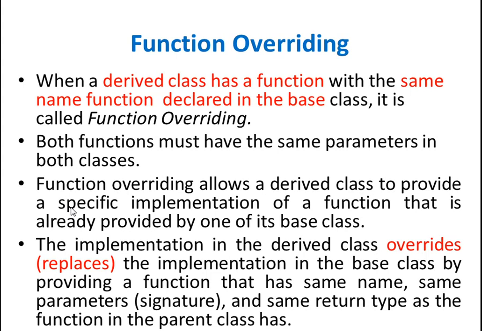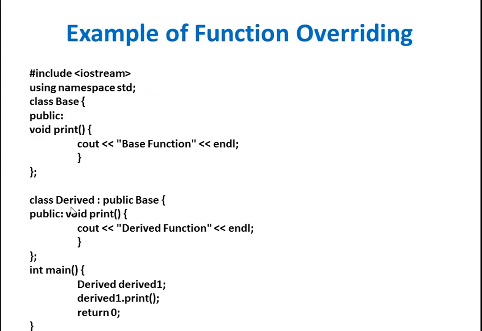What exactly is function overriding? To understand it, we go through an example. If you see this example, we have taken one class, Base. In this we have written one function, print, and just for understanding we have given cout "base function" here, and here the base class function ends. From the base class, in public access mode, we derive another class, a derived class, with a function named print.